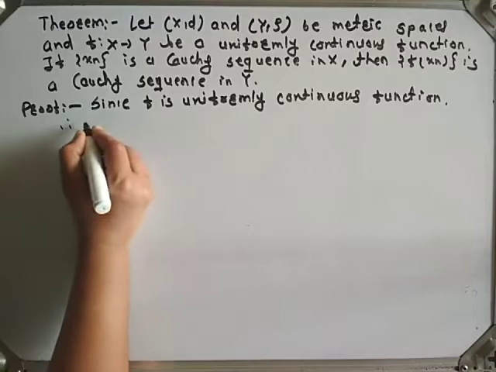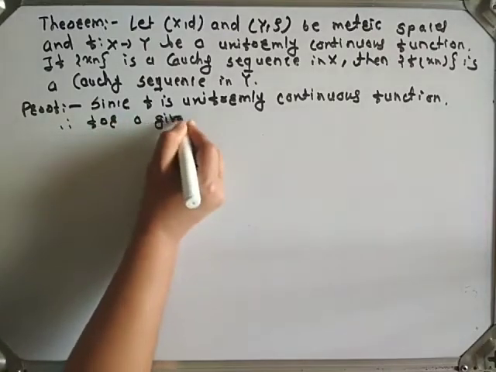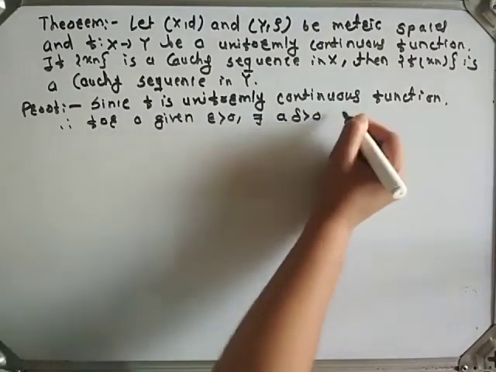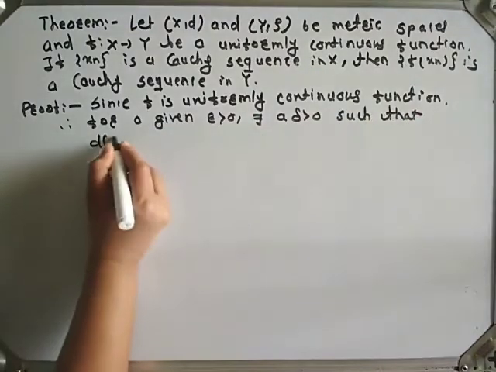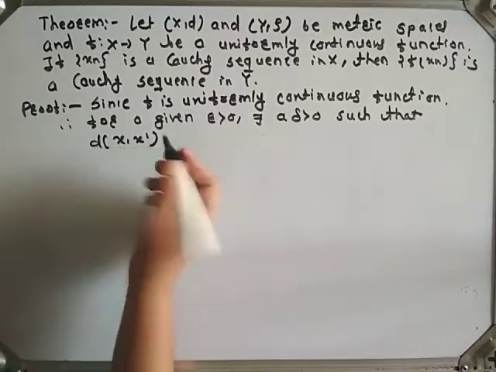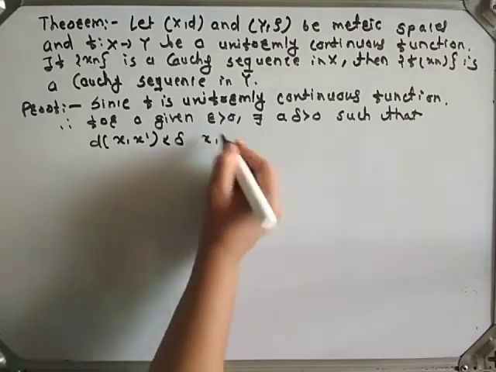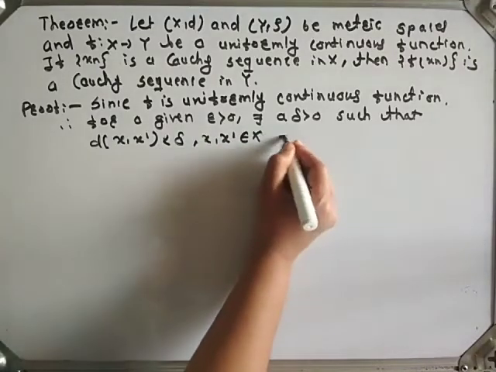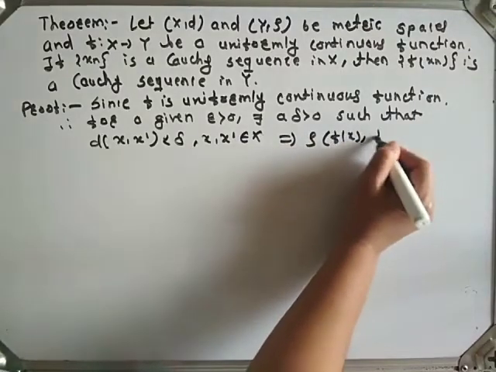Therefore, by definition of uniformly continuous function, for a given epsilon greater than 0, there exists a delta greater than 0 such that d of x comma x dash, we may take x1 comma x2, it doesn't matter, strictly less than delta for x comma x dash belonging to capital X implies rho of f of x comma f of x dash is strictly less than epsilon.